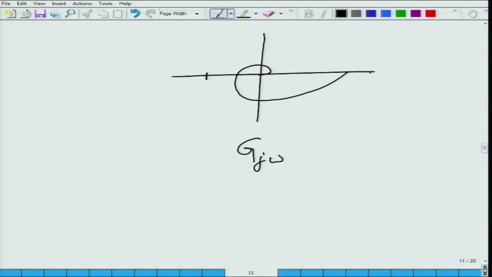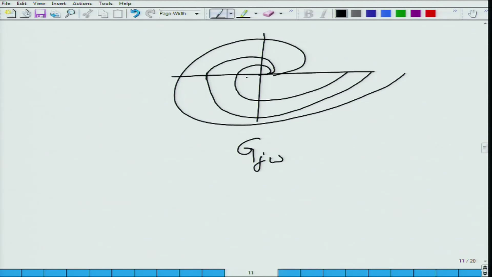So, that plot looks like this, or that plot looks like this, you are cranking up the gain. So, the Nyquist plot is moving out. Kc is being cranked up.